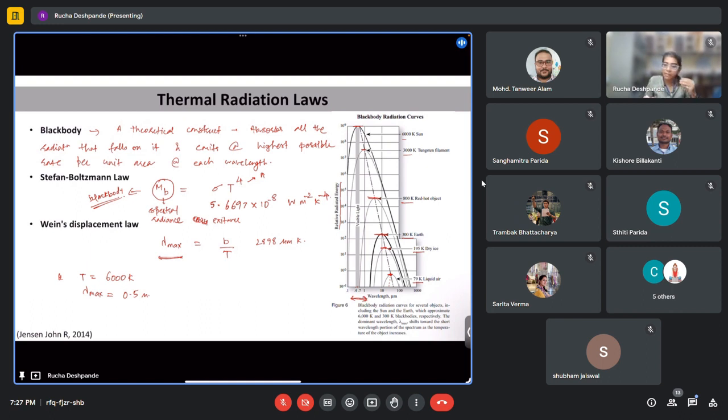So lambda max would give us an idea about in which wavelength range we should use our sensors so that we can utilize the maximum energy emitted by that object.